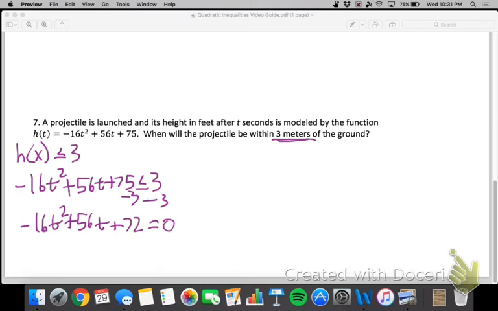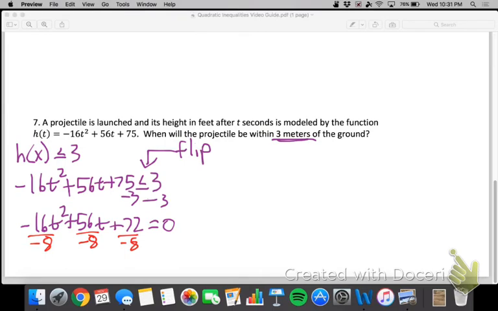Now, this quadratic, conveniently, all of these numbers are divisible by negative 8. So, divide everything by negative 8. And I divided by negative because I really don't like dealing with negative leading coefficients. And also, that is going to end up flipping this inequality.